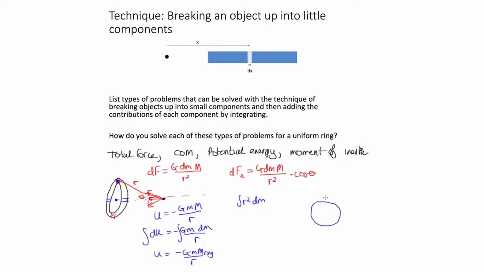You're splitting it up into little rings like this little red ring here. You choose a little red ring with a thickness dr at radius r. You work out the mass of that ring and substitute that in there, and then choose appropriate limits on your integral. So have a look at your lab manual to remember how to do that one.